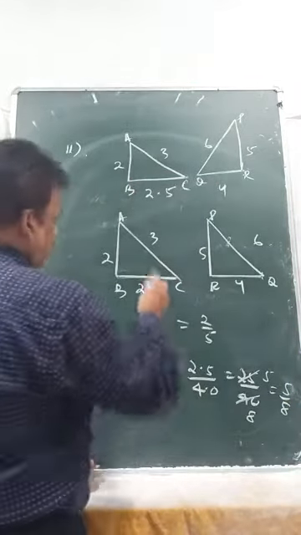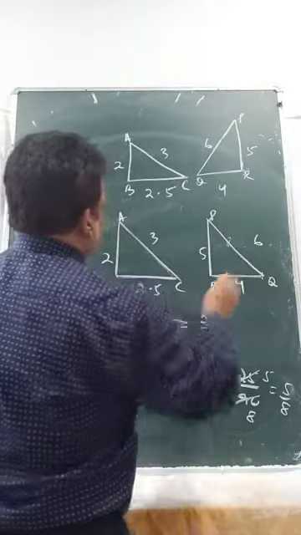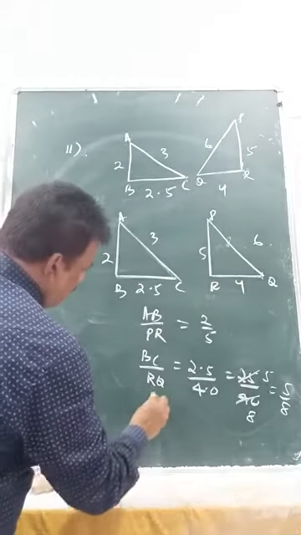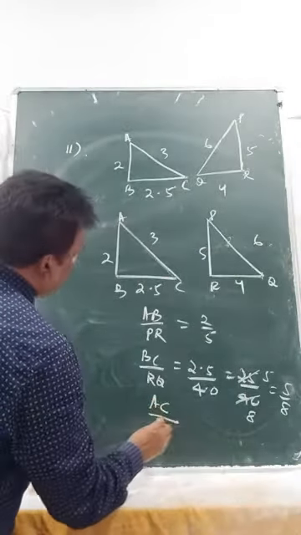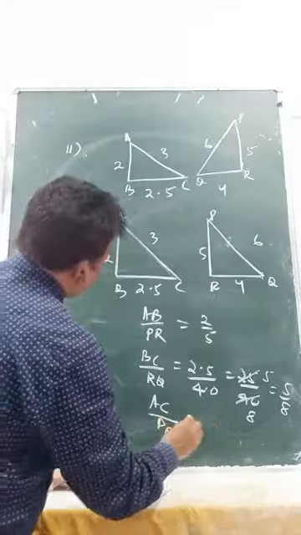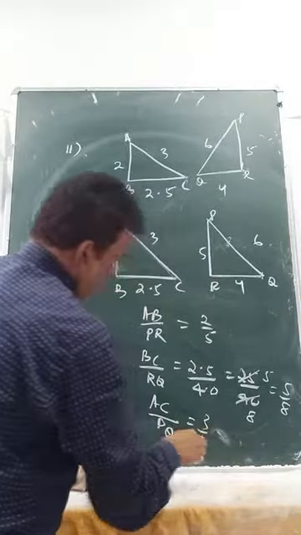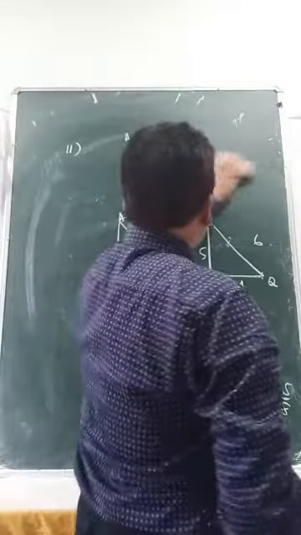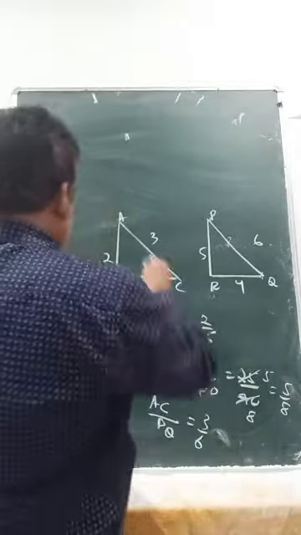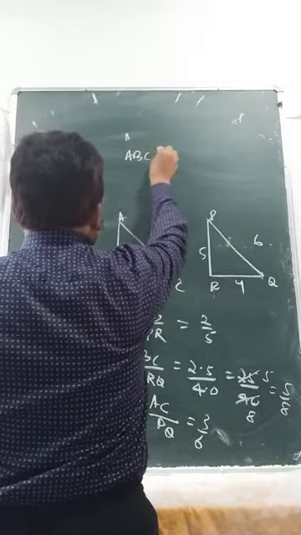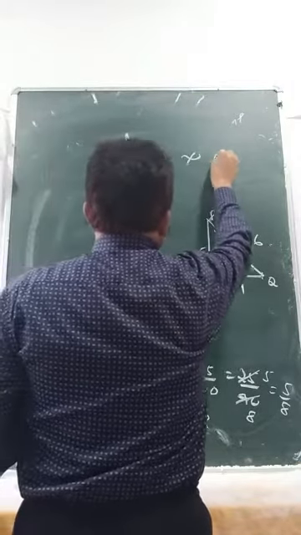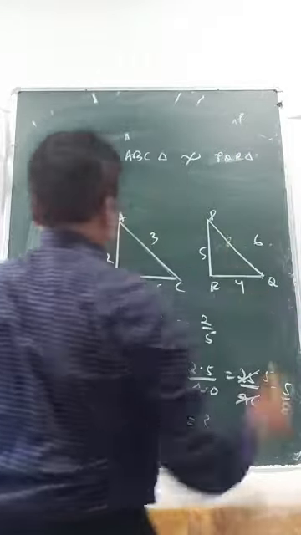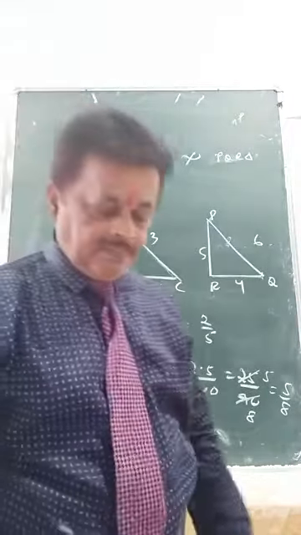Then 3 by 6, AC by PQ. So you see this ratio is not equal. You can write triangle ABC is not similar to triangle PQR.